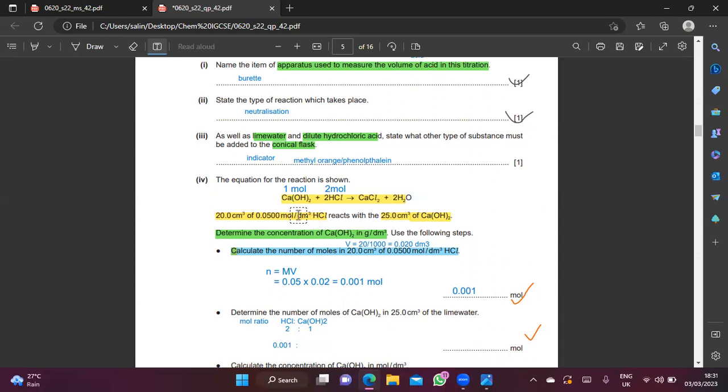I'm only interested in the number of mole of my calcium hydroxide and my acid. So what do we need to do? Okay, we have to use mole ratio. To save time, I already wrote it here. Mole ratio between my acid and my calcium hydroxide.